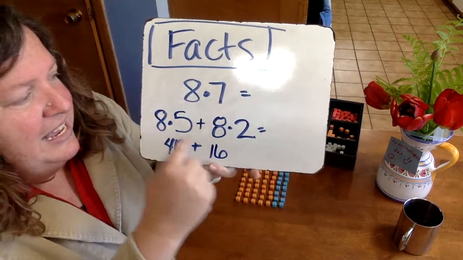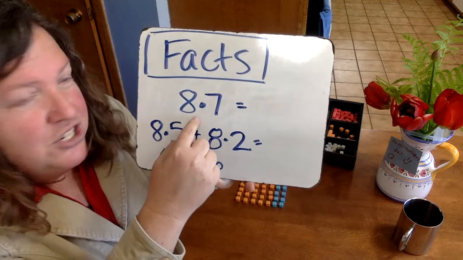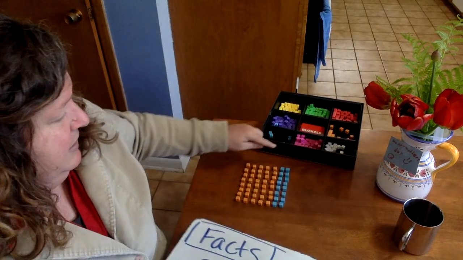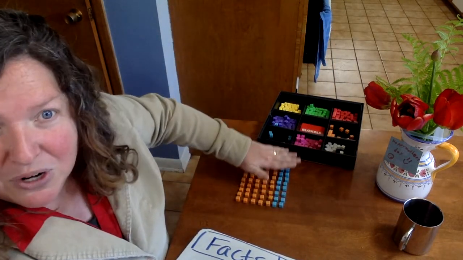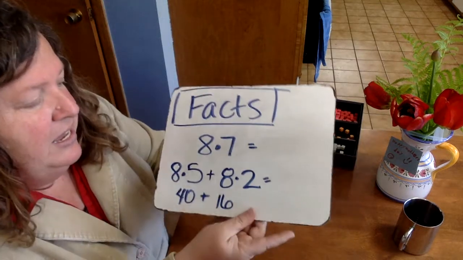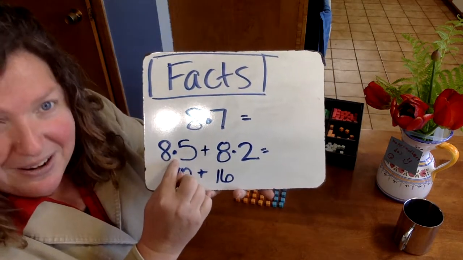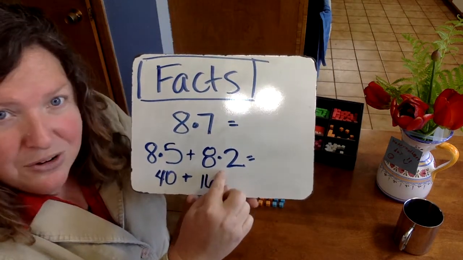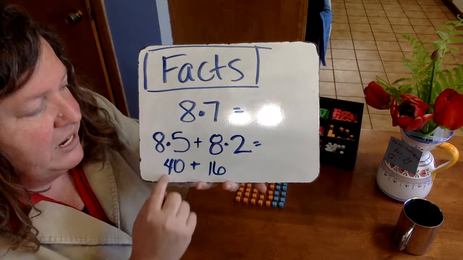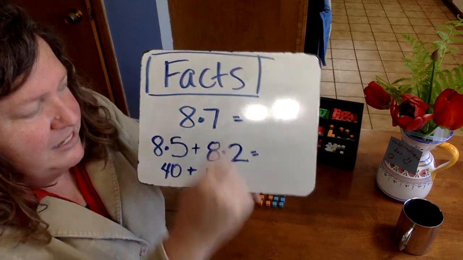So in either case, you've changed 8 groups of 7, which is all of these, regardless of color, into 8 groups of 5, that's the orange part, plus 8 groups of 2, that's the blue part. So you've changed it into 40 plus 16.